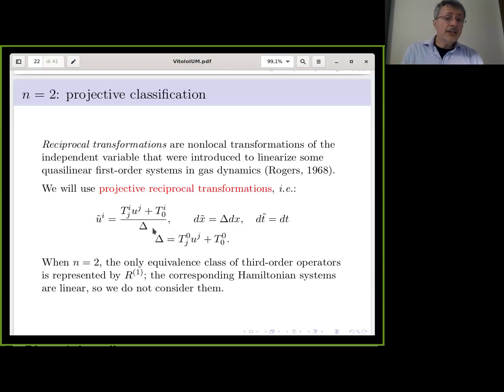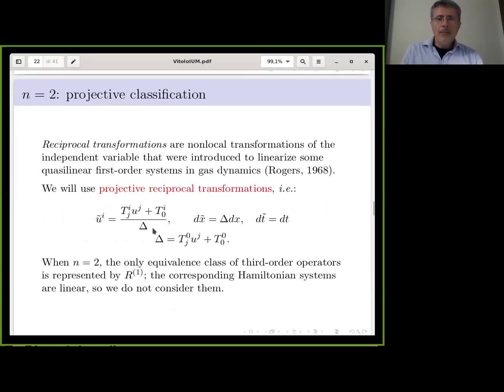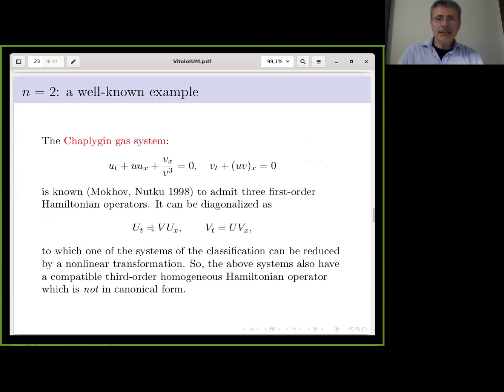Well, in this low-dimensional case, there is only one instance of such operators, because all three of these third-order operators collapse to R1 under reciprocal projective transformation. So it's not very interesting. But let me discuss a couple of well-known examples, which are, first of all, the Chaplygin gas system.